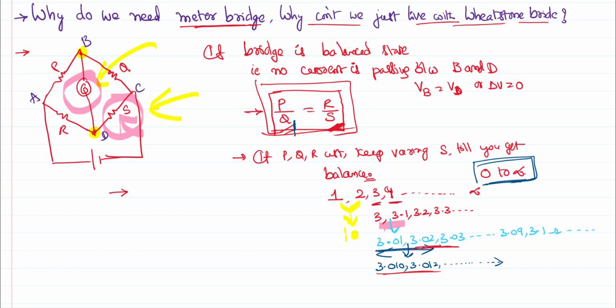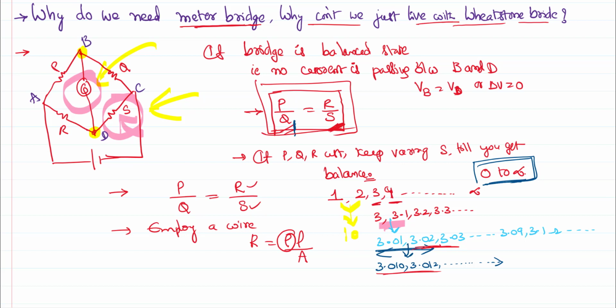For that, P by Q you are not going to change. In the place of resistances R and S, let's employ a wire to simplify the process. You know the resistance of a wire R is directly proportional to length and inversely proportional to area of cross section. Rho is called the specific resistance, a constant.